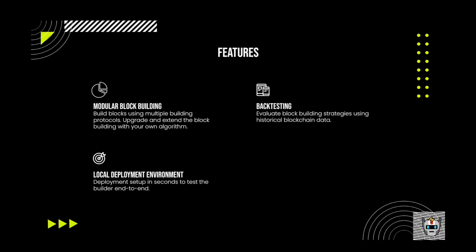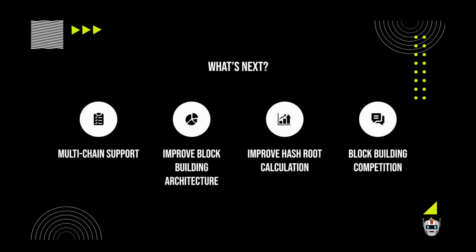So where are we going from here? These are the 4 major tracks that we are going to be working on for the next months. First one, and that's the one I'm focusing on, we are adding multi-chain support. The same way that Reth can be a node for both mainnet and OP chain, OP stack, we want the RBuilder to also be a builder for L1 chain and also for OP chains.